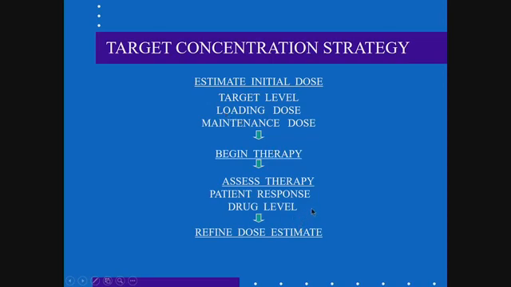We need to see the response in the patient. And we may also measure a drug level. And based on this assessment, then, we may refine the dose estimate, adjust the dose, and then continue on an iterative basis to optimize the range of concentrations that we want to maintain throughout therapy.